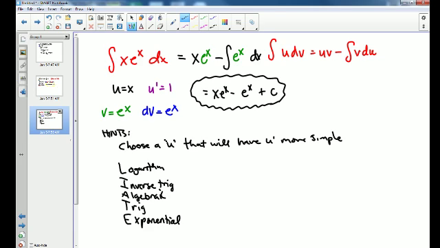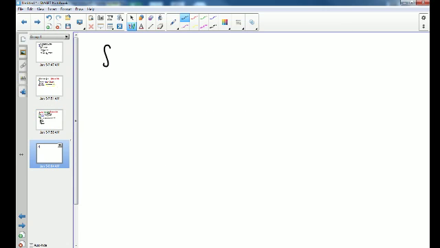I like it. Okay. Let's look at a double integration by parts. Let's use cosine.